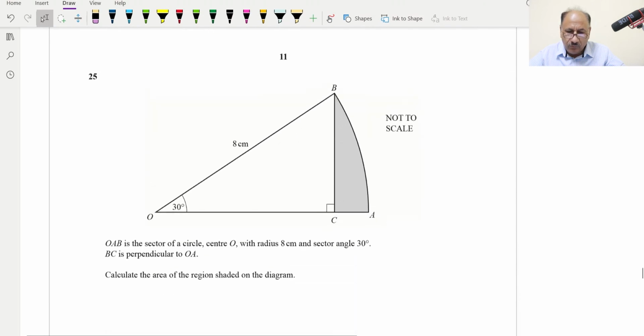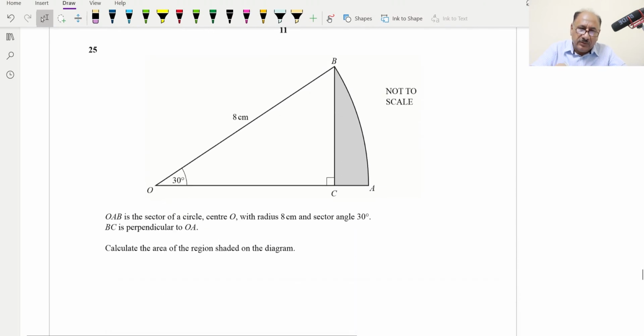Then we can move to question number 25. A diagram is provided which is not to scale, and OAB is a sector of a circle with center O and radius 8 centimeter, and the sector angle is 30 degrees. BC is perpendicular to OA, and calculate the area of the region shaded on the diagram.